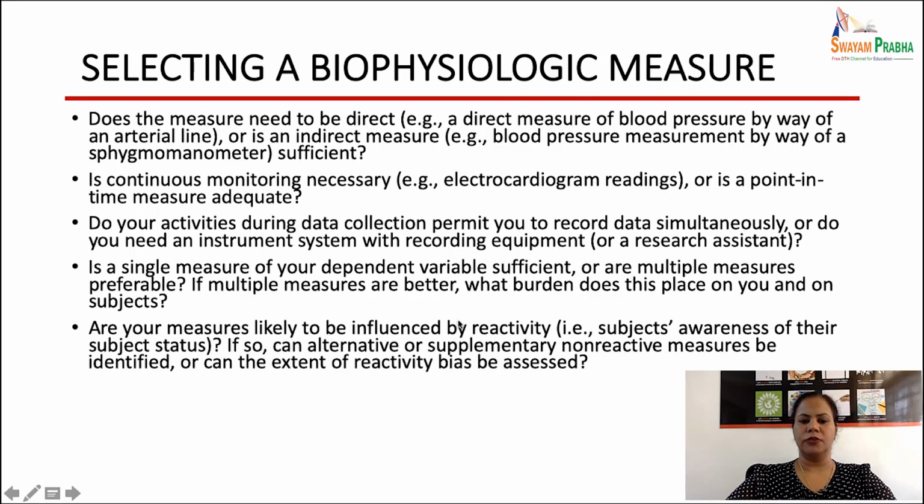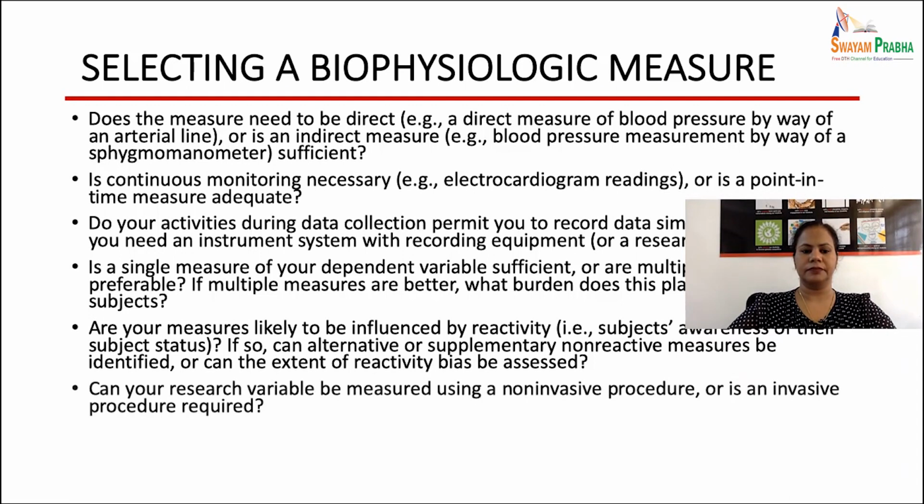Are your measures likely to be influenced by reactivity? That also you need to see: when you are assessing your measurements, if the patient is aware, whether your results will be influenced by that. Then you need to think about blinding and double blinding in your research study.